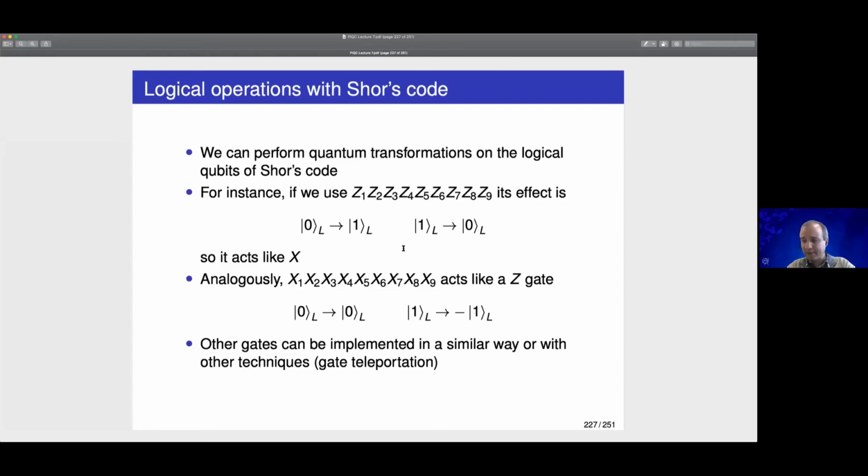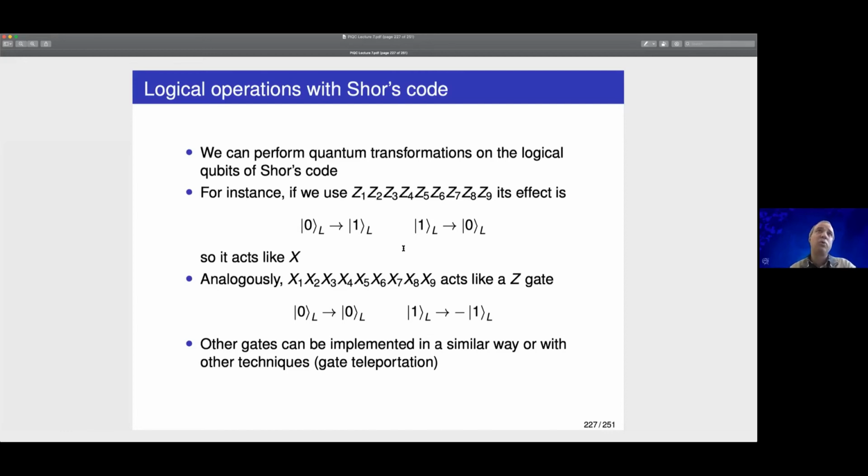There is a theorem called the Eastin-Knill theorem that says that in any quantum error correcting code, you cannot implement all the logical gates or all the operations that you need for universal computation as transversal gates. There is at least one of the gates that you need in order to have universal computation that cannot be done transversally. And then you have to apply other techniques.